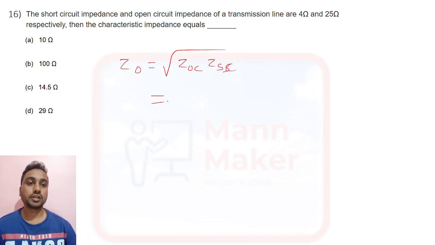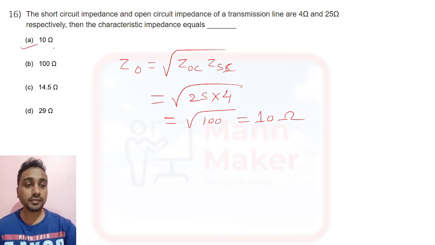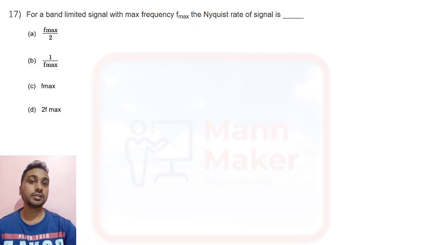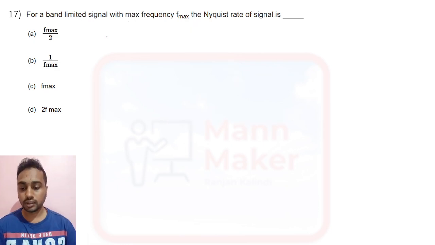The open circuit impedance is 25 and the short circuit impedance is 4 ohm. So 25 into 4 is 100, and the square root is 10 ohm, option A is your answer. Like that you will find questions that are simply formulas.